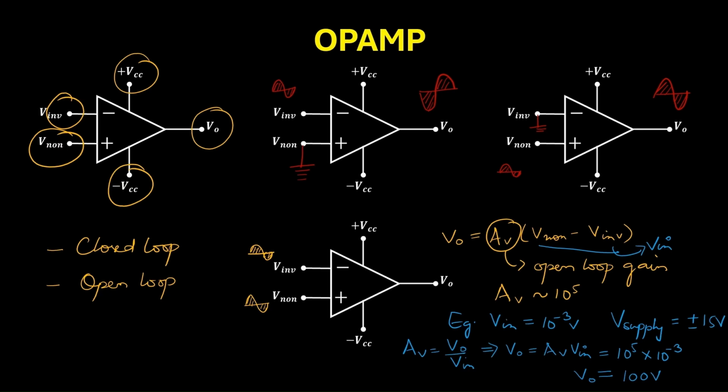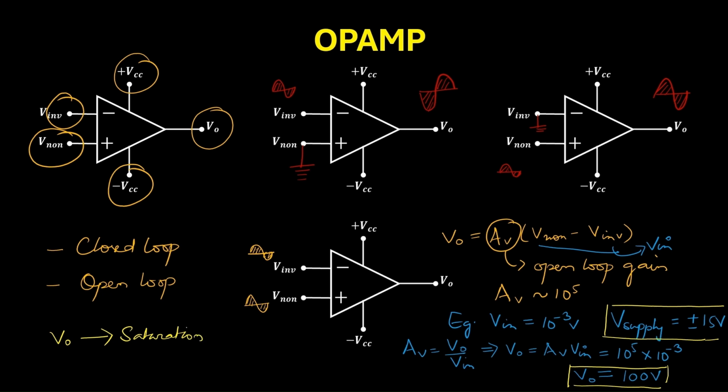Now, if you see carefully, this V naught and the power supply voltage. Remember this, the output cannot exceed the supply voltage. So what will happen is, the output will be driven to saturation.